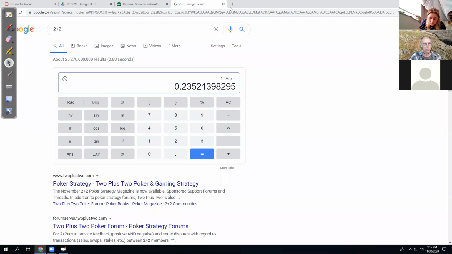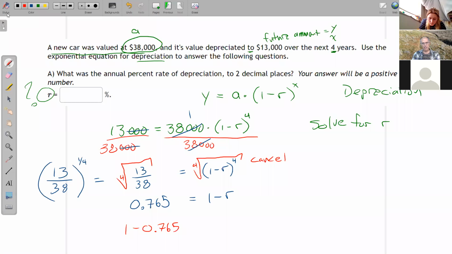If I wanted to do this more algebraically than kind of guessing at it, then I actually have to solve this. So let's go through how to do that instead of guess. I would take this 1. It's positive, so to get rid of it, I have to subtract it, even though it's connected by subtraction.